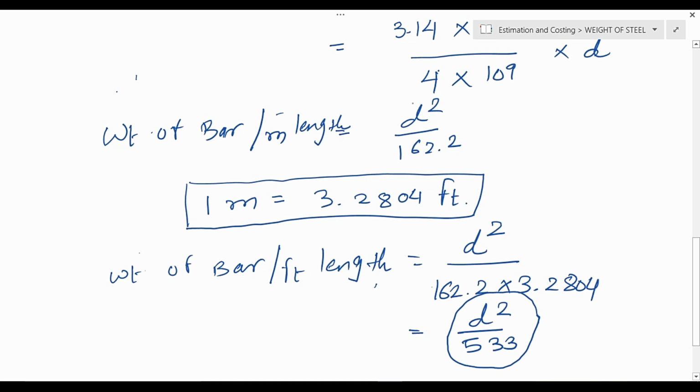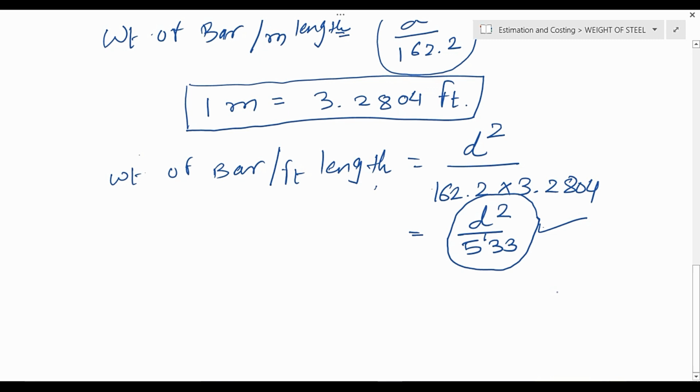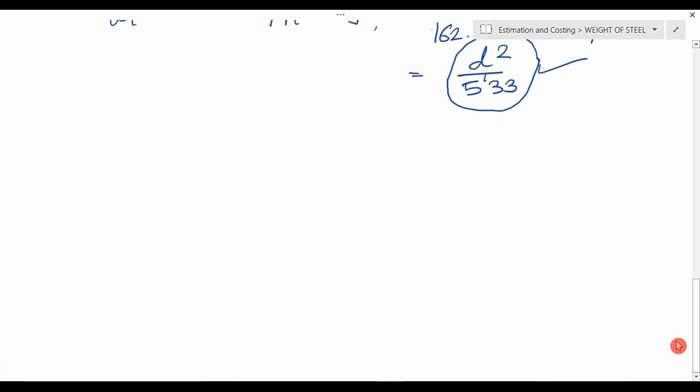We need to remember these two values because they will be very frequently used in your estimation and costing to calculate the weight of steel bar. Alright, now let us use this formula and find out the weight of bar. Let us find the weight of bar for an 8 mm diameter bar.